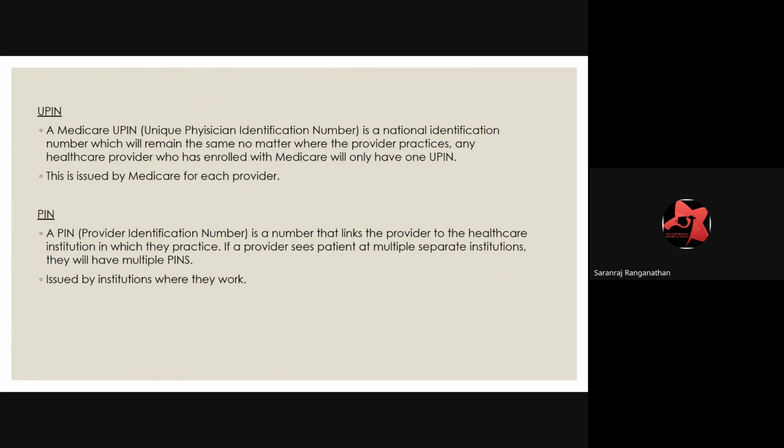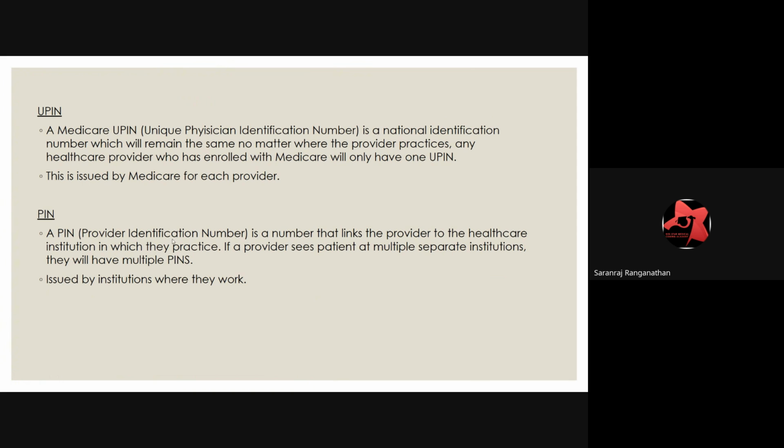Then PIN. A PIN, provider identification number, is a number that links the provider to the healthcare institution in which they practice. If a provider sees patients at multiple separate institutions, they will have multiple PINs. So for this hospital one number, and for another hospital a different number.